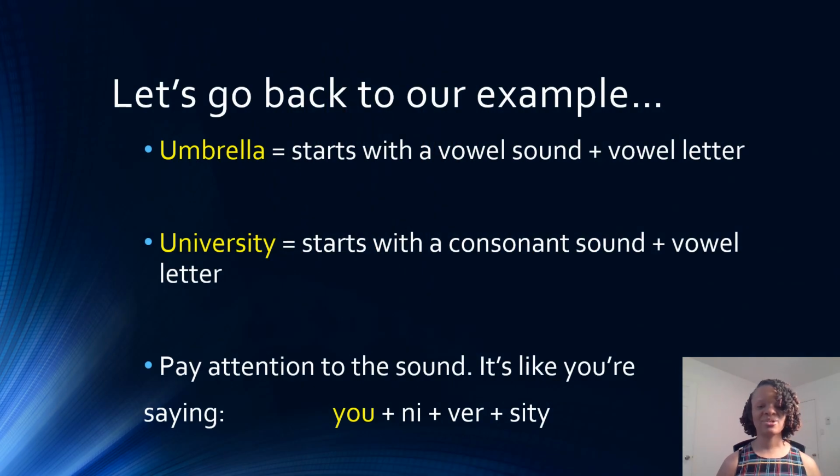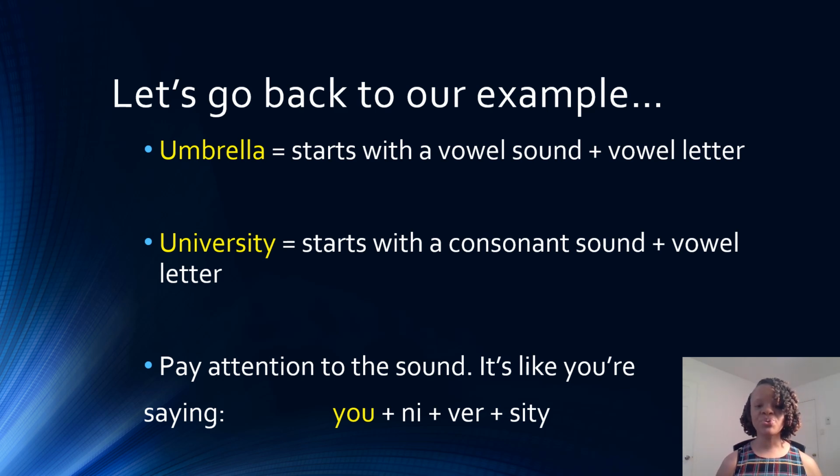Okay, so let's go back to our example that was mind-blowing and completely shattered the old school rule. So umbrella starts with a vowel sound and also a vowel letter, right? So that's pretty easy. The sound you're hearing looks like the vowel letter that you are seeing.